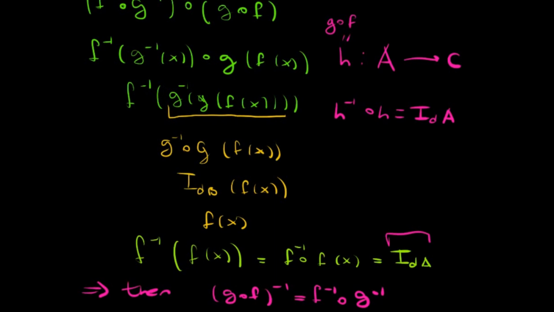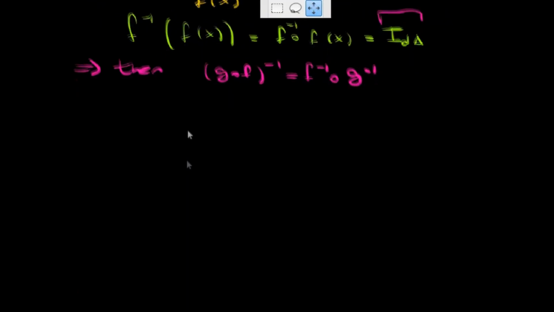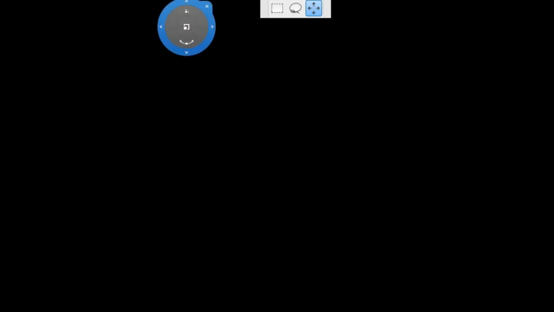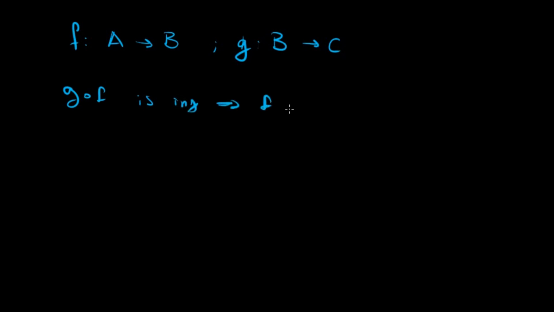And now I'm going to give you a problem for you to prove. And that is, again, we have F, a function from the set A to the set B, G, a function from B to C. And I want you to prove that if G composed with F is injective, then F is injective.